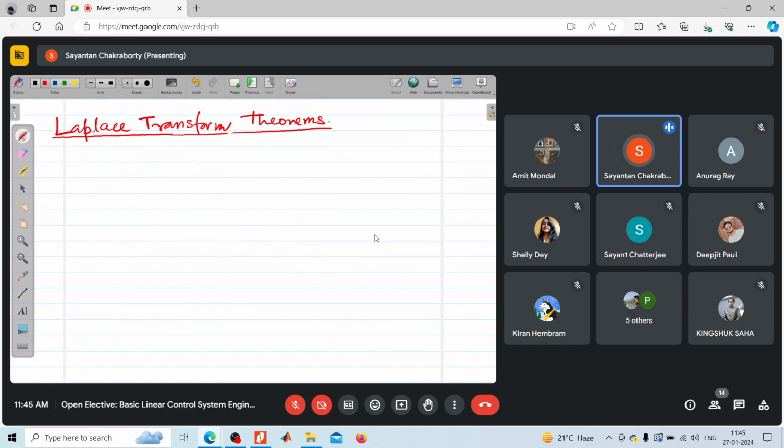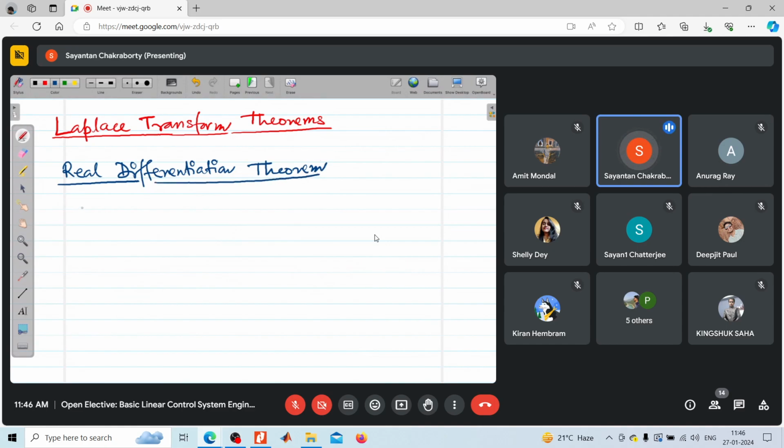This is the operational theorem, and there are some functional theorems, in carrying out the study of linear dynamic systems that are defined by ordinary differential equations. Now, what are these? The first one is the real differentiation theorem.